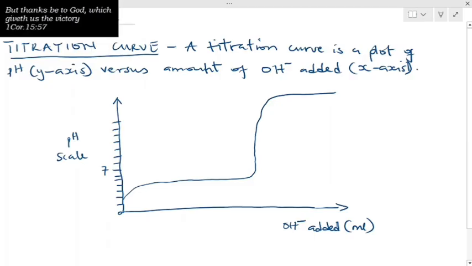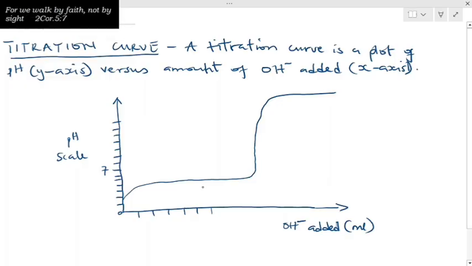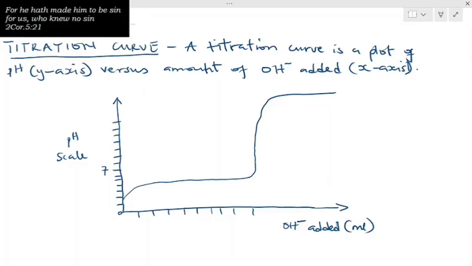As you add drops of OH down this path, you get to a point where all the OH has ripped off the hydrogen ion concentration in the acidic solution. Half of that concentration of OH is referred to as the half equivalence point.